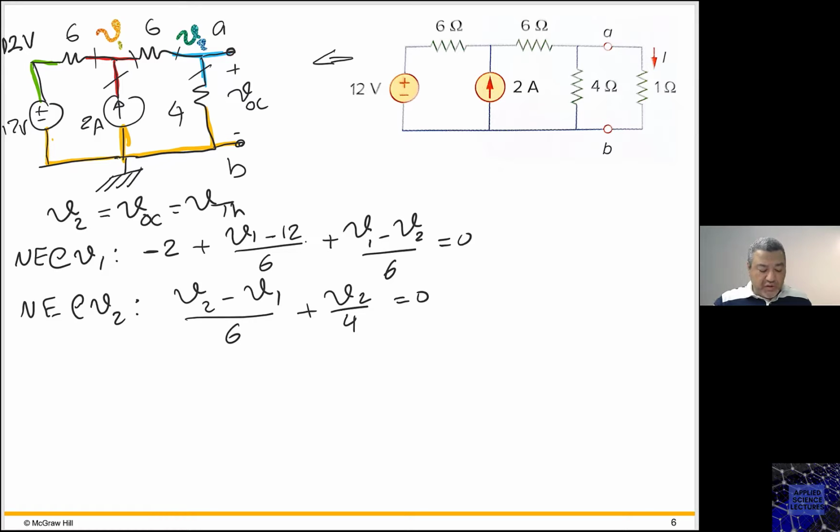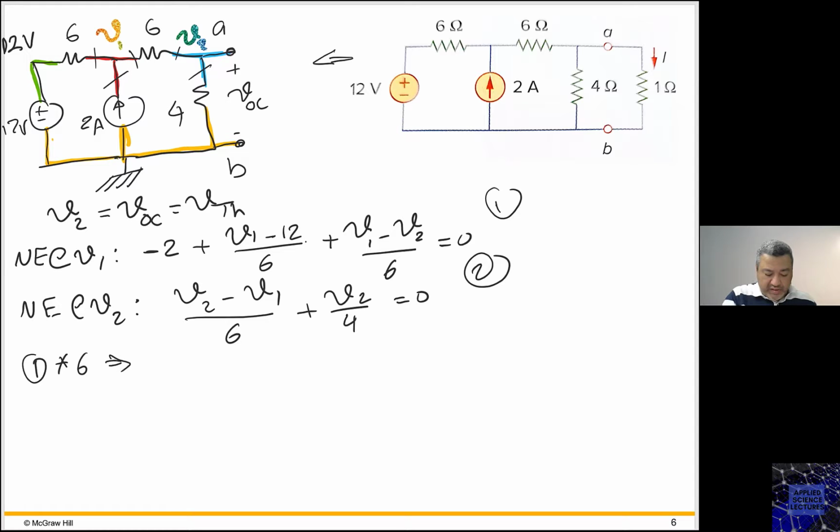It's minus 2 because the current is entering the node that I'm writing the nodal equation on. Okay, so now I need to rearrange those two equations. So if this is 1 and this is 2, I multiply the first equation by 6.